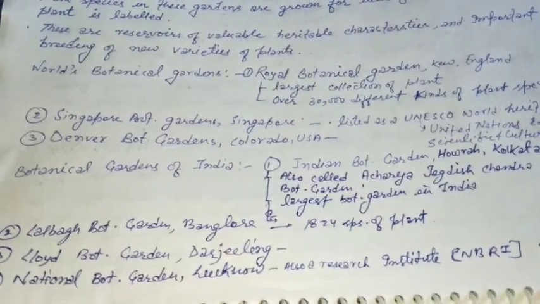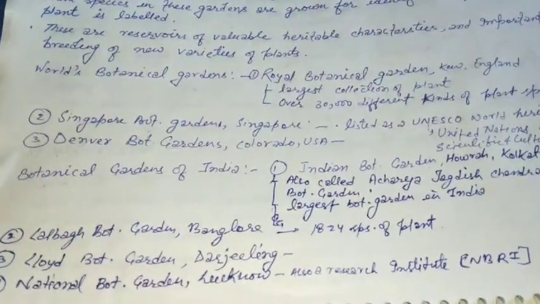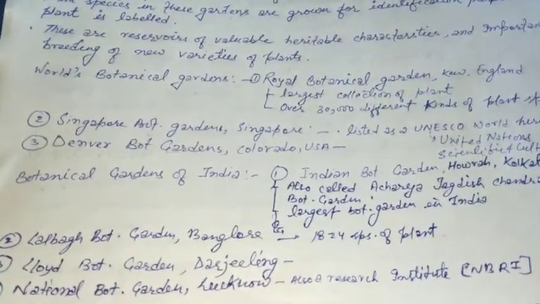The third one is the Lloyd Botanical Garden. It is located in Darjeeling and also known as the Darjeeling Botanical Garden.